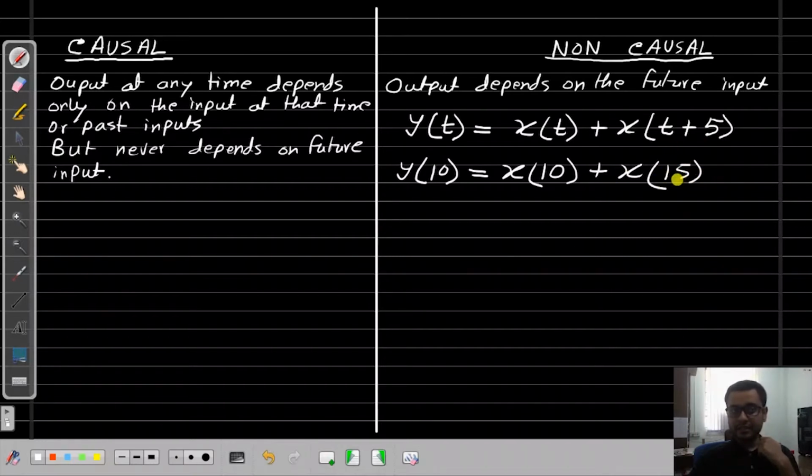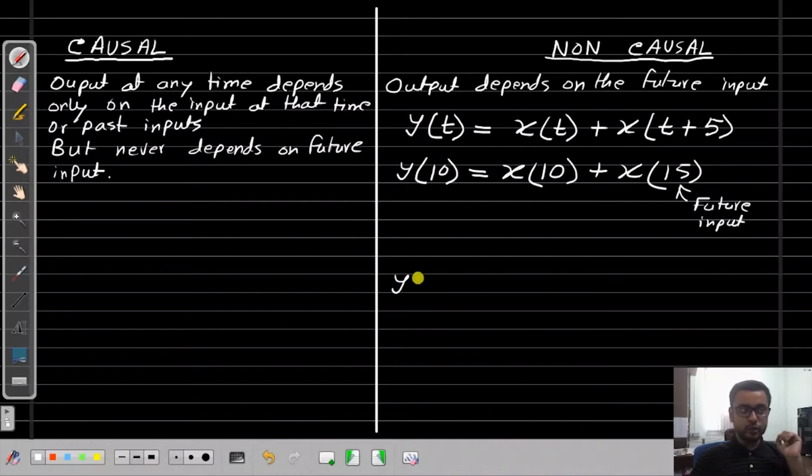Now 15 seconds is in the future compared to the time t equal to 10 seconds. So the output depends on the future input. This is called a non-causal system.